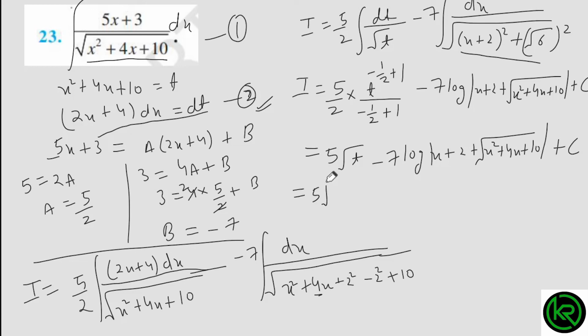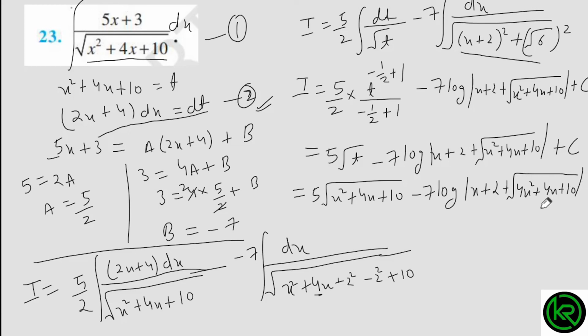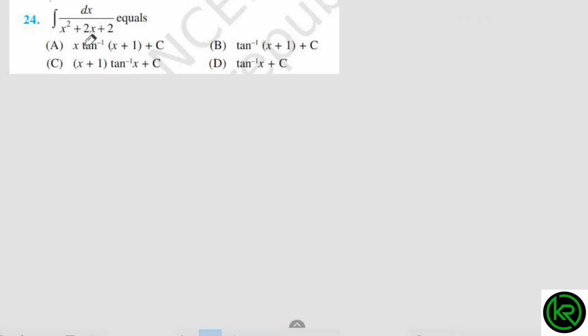And what is the t value, students? So the answer is 5 under root of x square plus 4x plus 10 minus 7 log mod x plus 2 plus under root x square plus 4x plus 10, plus c. This is our final answer.